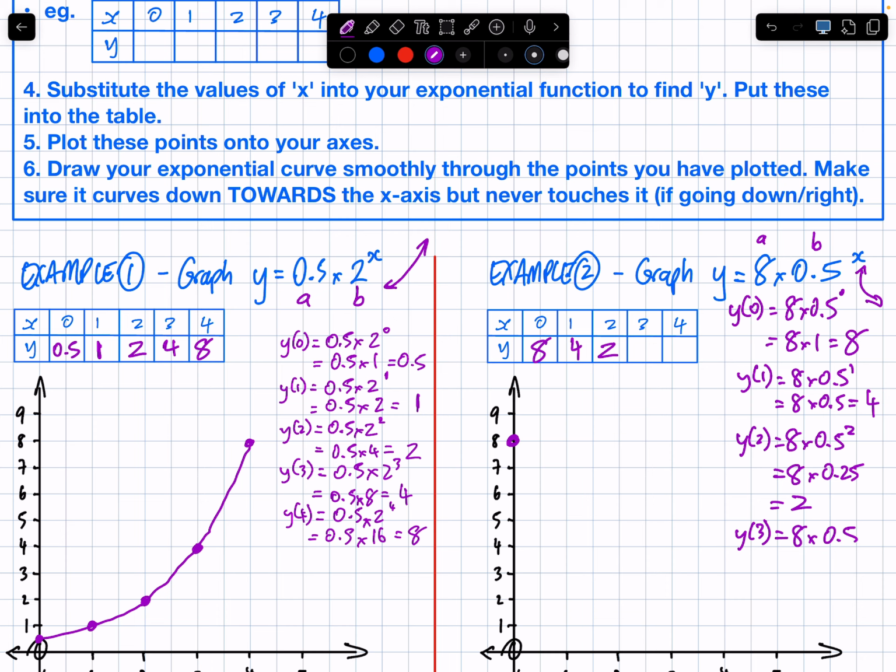And what's that times 8? 1. 0.5 times 0.5 times 0.5 times 8. Yeah, it's 1. Good. And y when x is 4, 8 times 0.5 to the 4th.